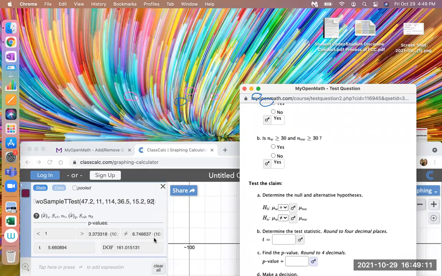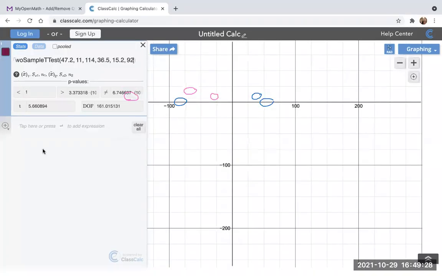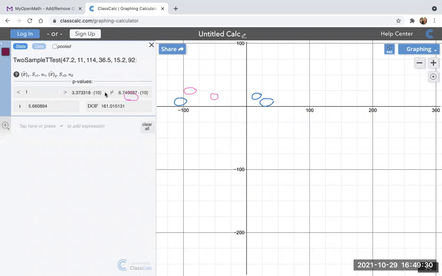Since this one's 1, because this is the other area under the curve, if this one's practically 1, this is practically 0. Let me see if I can get it to show me the actual answer, because it's cutting off the answer here, and I don't know quite how to make it show me the whole answer.